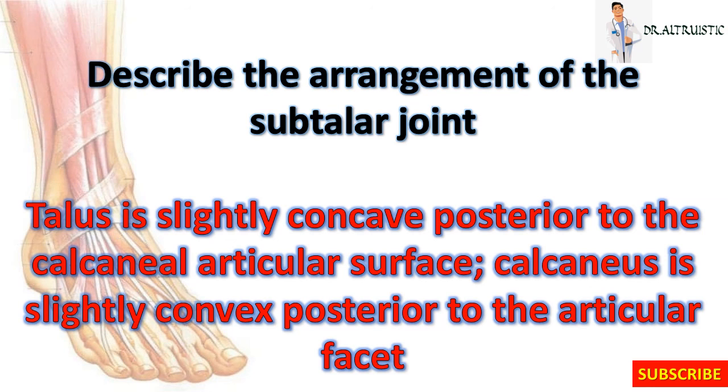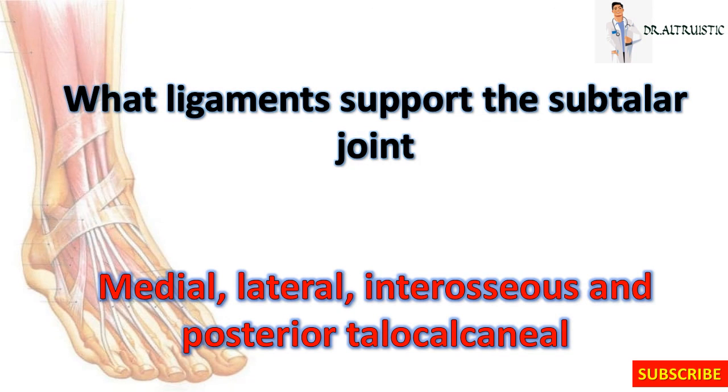Talus is slightly concave posterior to the calcaneal articular surface. Calcaneus is slightly convex posterior to the articular facet. What ligaments support the subtalar joint? Medial, lateral, interosseous and posterior talocalcaneal.